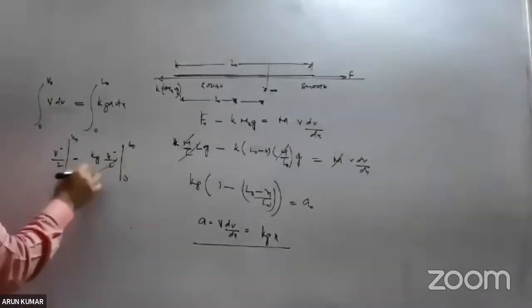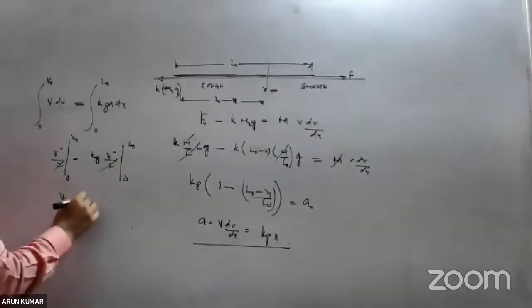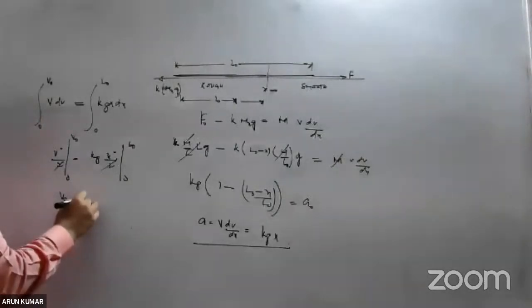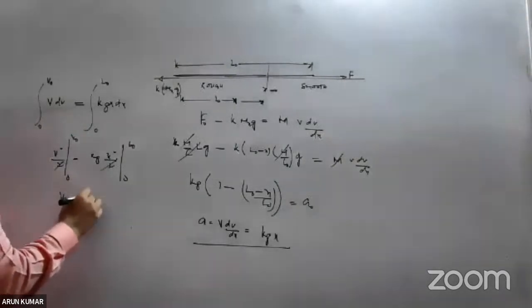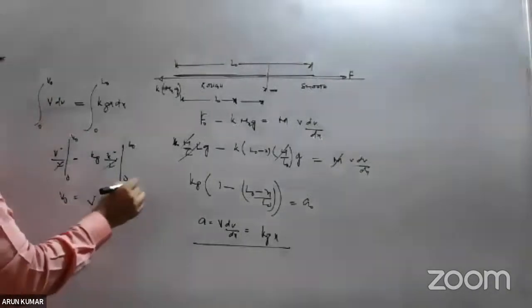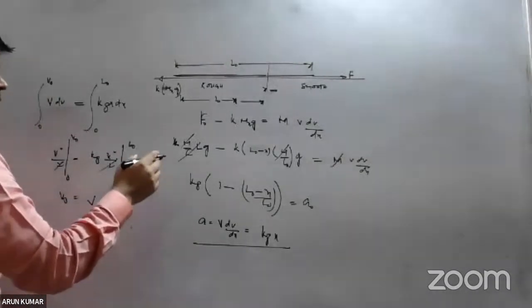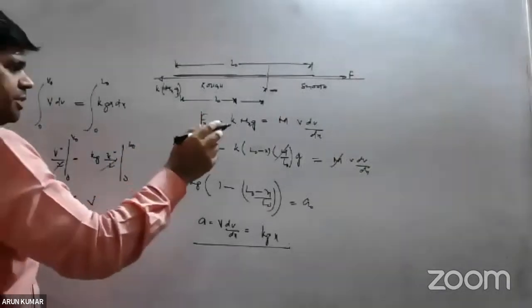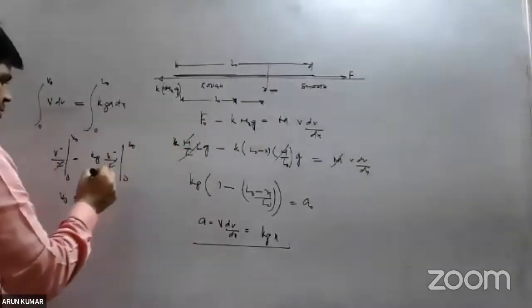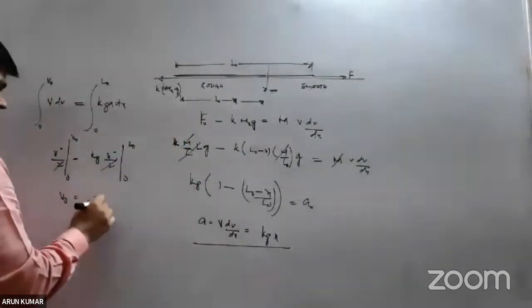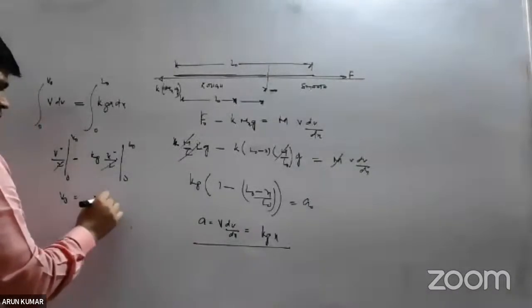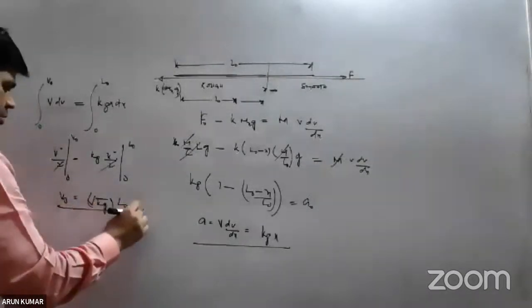So the 2 gets cancelled out, and v naught is equal to the square root of mu g times L naught squared. That is my velocity.